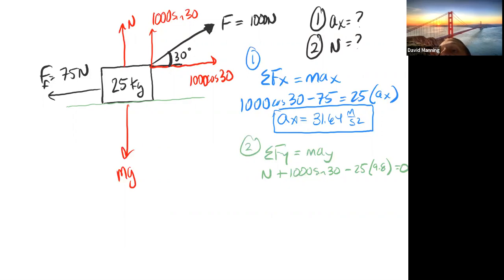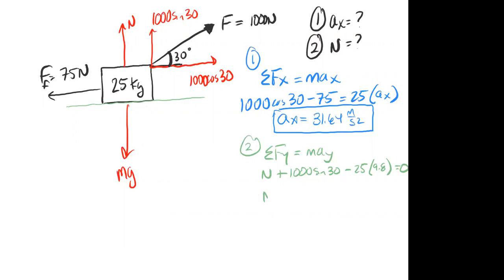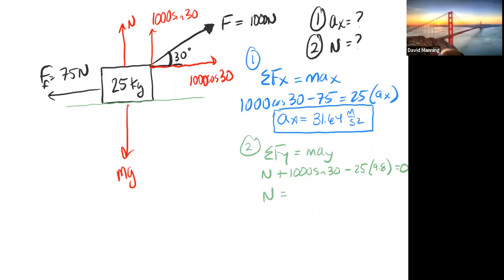I knew 100 newtons was the right force. But anyway, this is how you would do it. We're going to get the normal force equal to a negative number, negative 255. You know you did something wrong if you get a negative normal force. So I made this, my bad. Sorry about that. Sometimes when you make these numbers off the top of your head, you don't see it right away.